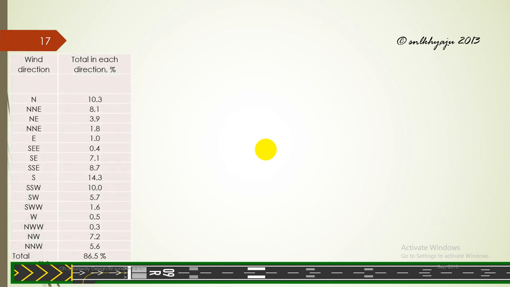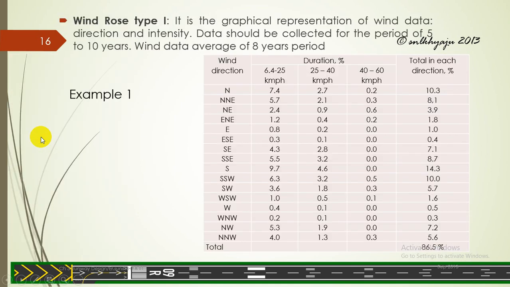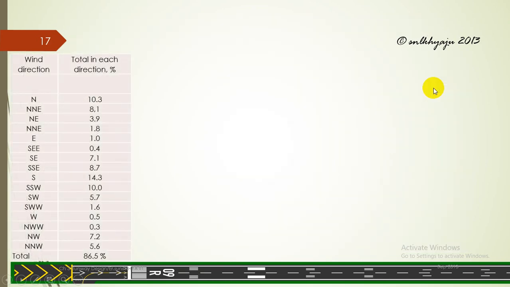For this case we need the total sum in each of the 16 directions. For the north direction, 6.4 to 25 kilometers per hour is 7.4 percent, 25 to 40 kilometers per hour is 2.7, and 40 to 60 kilometers per hour is 0.2 percent, and the total percentage of wind blowing in the north direction equals 10.3. We need the total sum of the percentage in each of the 16 directions, calculated as in the table.